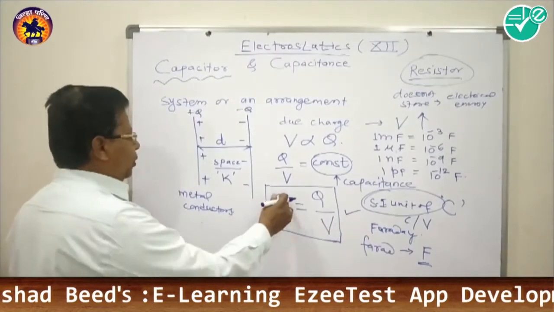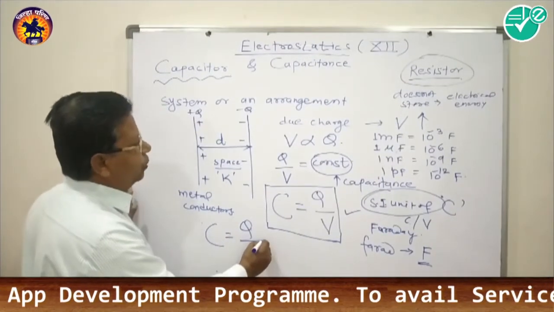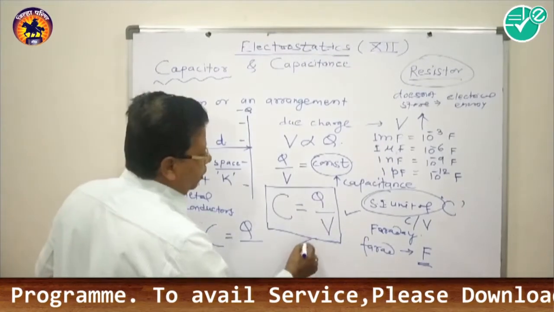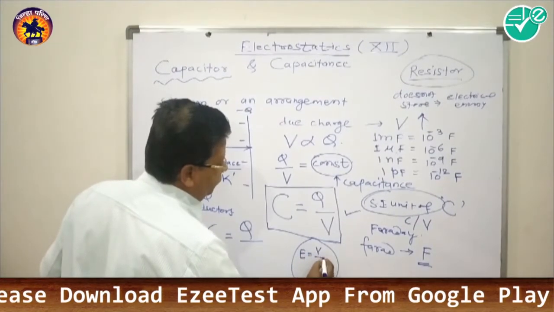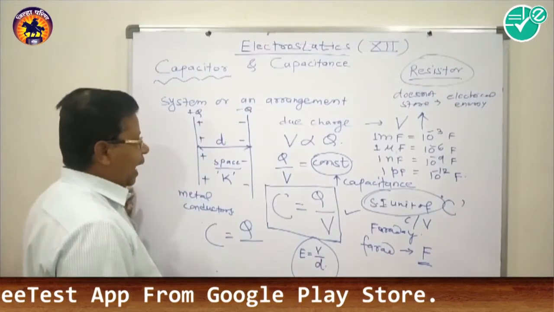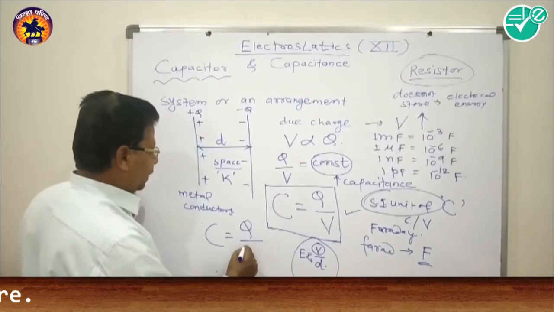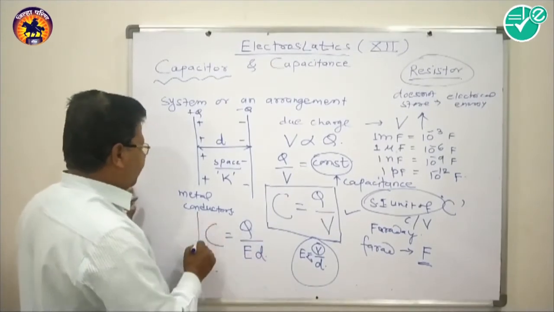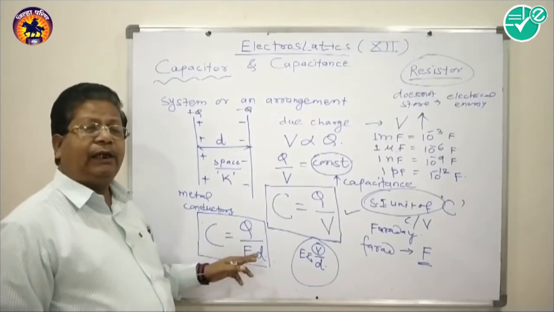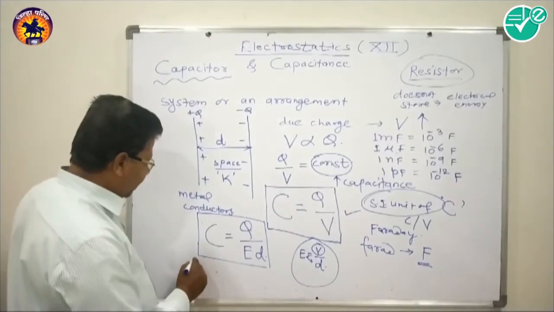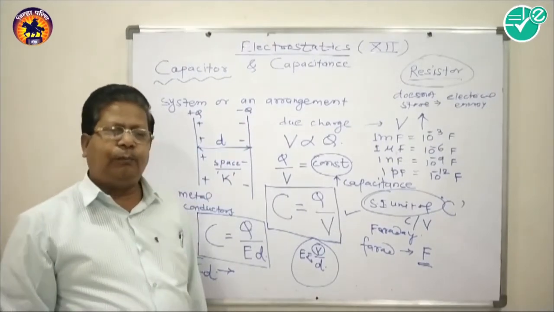Again, this formula for capacitance of a capacitor can also be written as C is equal to Q divided by V. As we have studied in standard 11, the relation between electric field intensity and electric potential is E is equal to V by D, and therefore the value of V is E into D, and hence another formula for capacitance of the capacitor is C is equal to Q divided by E into D, where this E is the reduced electric field when the dielectric is introduced between the two plates of the capacitor.